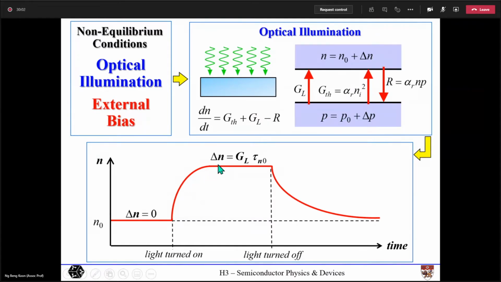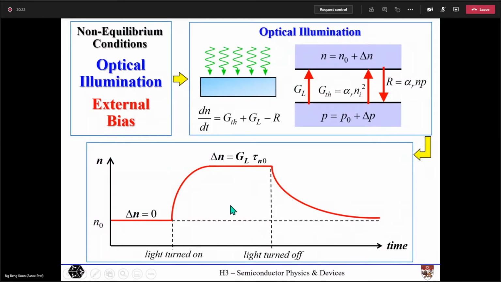If you turn on the light for a sufficiently long time where it achieves steady state condition, what you find is that the concentration of your electrons would stabilize after a while. So the question is, what is this delta n value on top of the n0 value under thermal equilibrium?